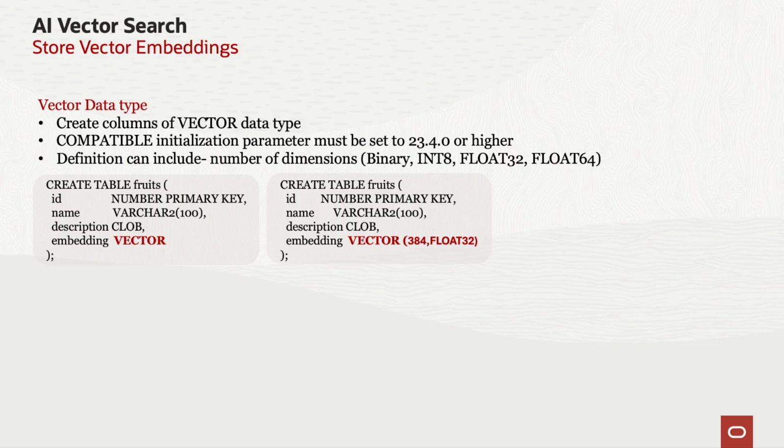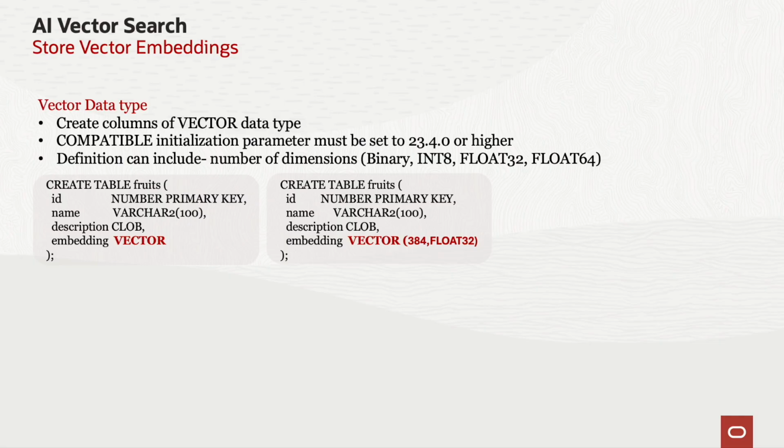The possible dimension formats are binary, 8-bit integers, 32-bit floating point numbers, and 64-bit floating point numbers. Here we create a table called fruits with various columns to store relational data and a column called embedding, which is a vector data type to store vector embeddings.